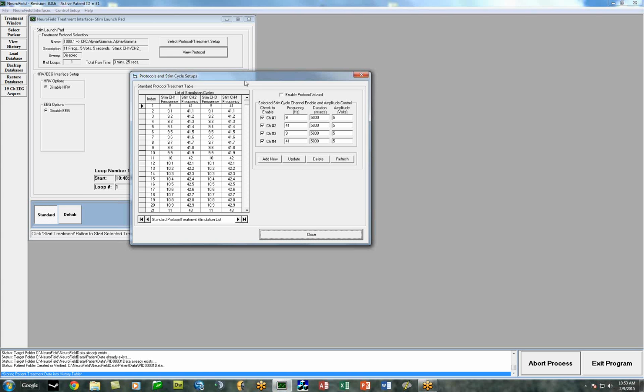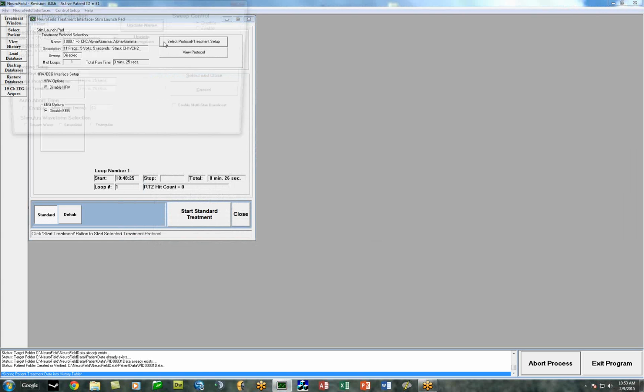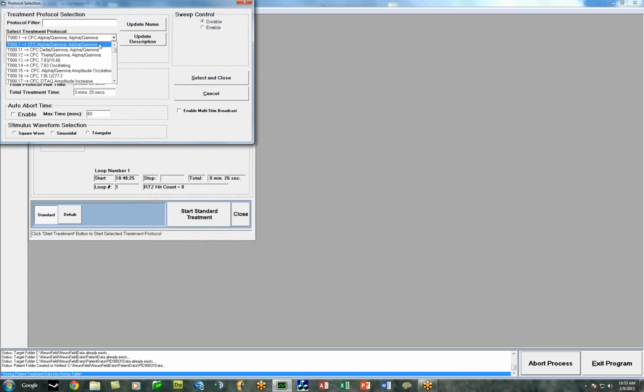Now, there is a protocol here where if you look down the list, you're going to see some different ones. But one of them is SMR gamma. And this one probably could be done with a person with epilepsy, but I don't even know if I'd want to do that. We've had better treatment outcomes with seizure using the 19 to 25 HD protocol.